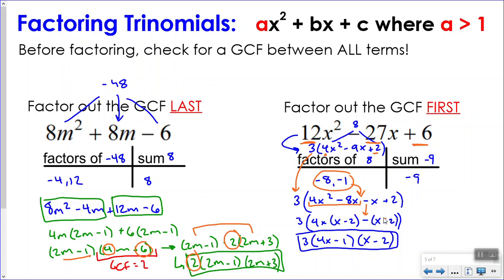So we put a minus 2 here. Then when we go to factor everything out, the common factor between each half here is x minus 2. So we factor out our x minus 2, and in the first term that gives us 4x. But then since the only thing here is the x minus 2, and we divide that by x minus 2, we're just going to get a 1. So our fully factored form is 3 times 4x minus 1 times x minus 2.